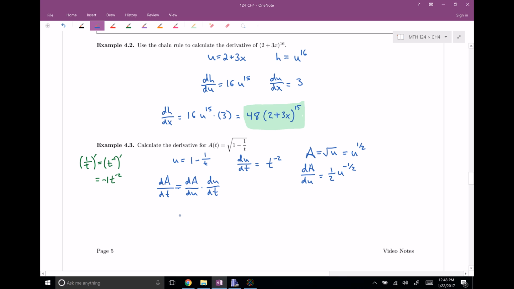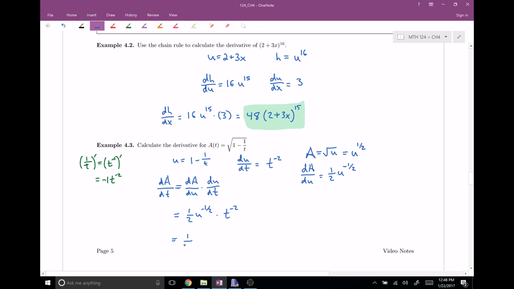Okay, so here we are. The derivative of a with respect to u, that's going to be 1/2 u to the negative 1/2 power times the derivative of u with respect to t, that's going to be t to the negative 2. And then finally, remember that everywhere I see a u, I'm going to plug back in this 1 minus 1 over t.